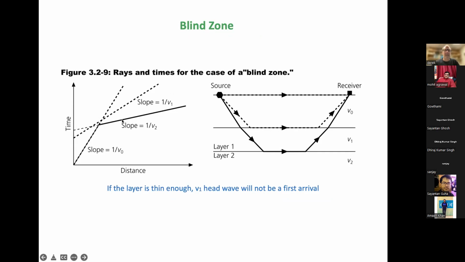And if the velocity of the second layer is fast enough, and layer 1 is thin enough, this second head wave will arrive before the first head wave. And typically, this stuff that is not the first arrival will be obscured by noise.